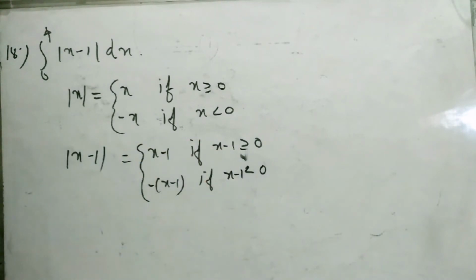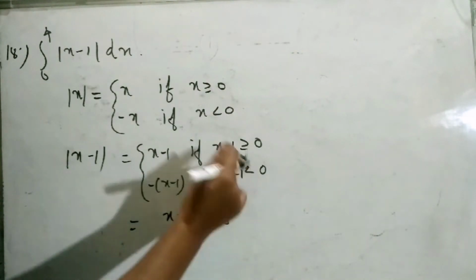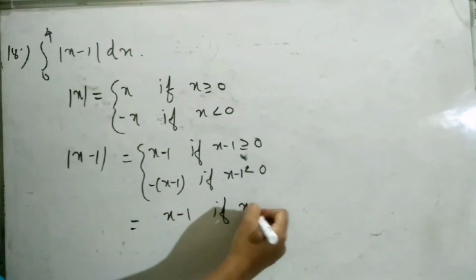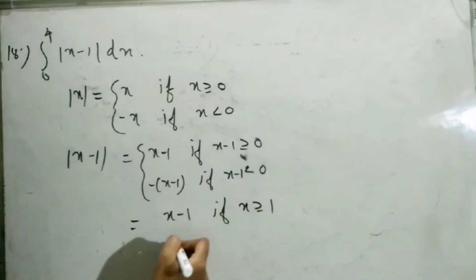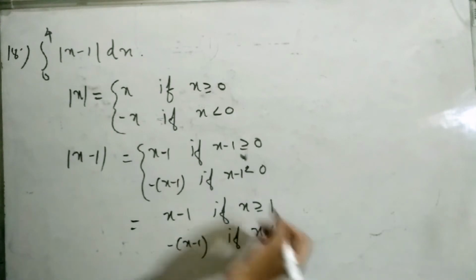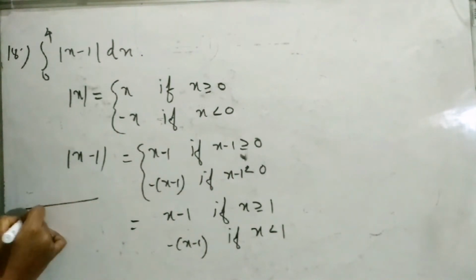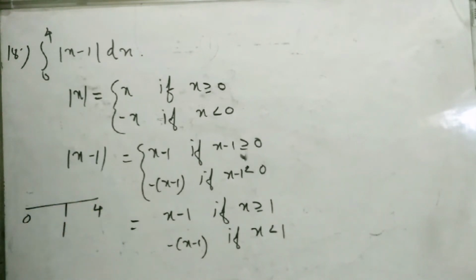I just replaced all the x by x minus 1. And thus we can rewrite as x minus 1 if, just taking this minus 1 into the set, x greater than or equal to 1, and minus of x minus 1 if x is less than 1. Here the interval of integration is from 0 to 4, and we know that 1 lies in between 0 and 4.